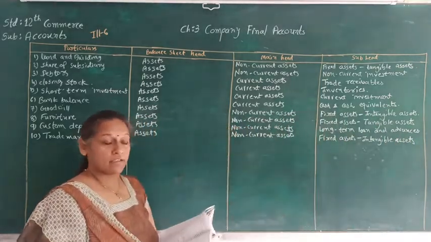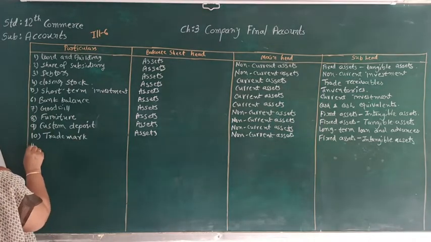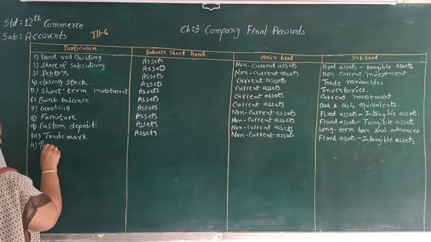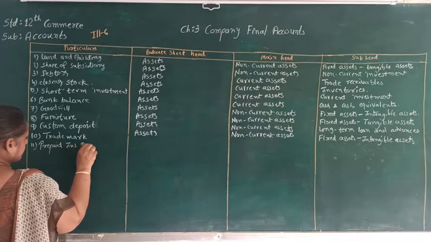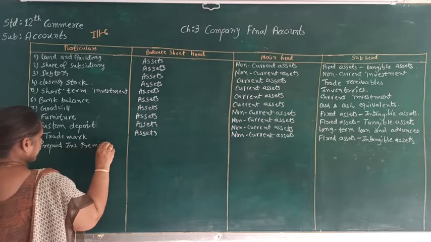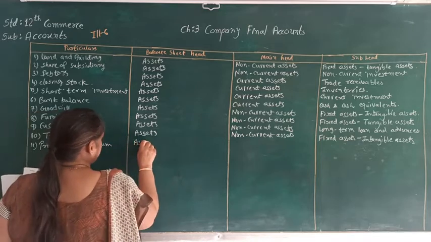After trademark, another is prepaid insurance premium. And it is again an asset and current asset.